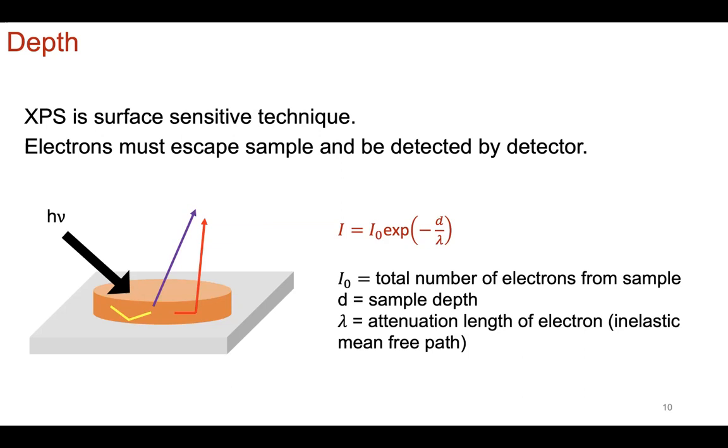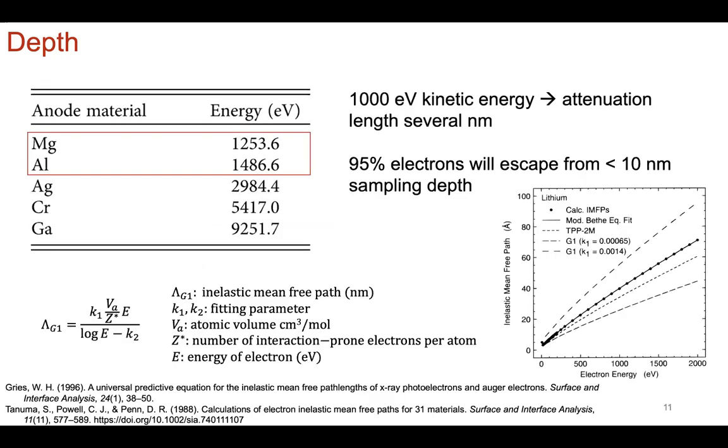This has been empirically worked out, and this is a fabulous 1996 study that has been cited quite often. This is the number that people often quote, and it has origins from the mid-90s of why XPS is a surface sensitive technique.